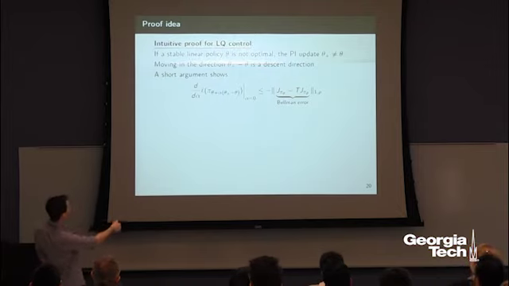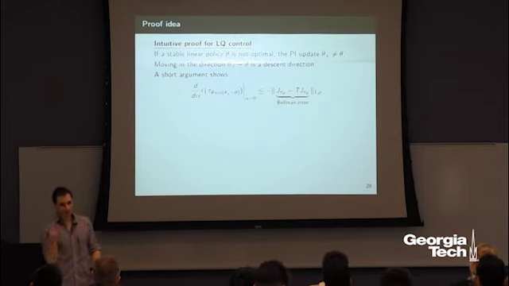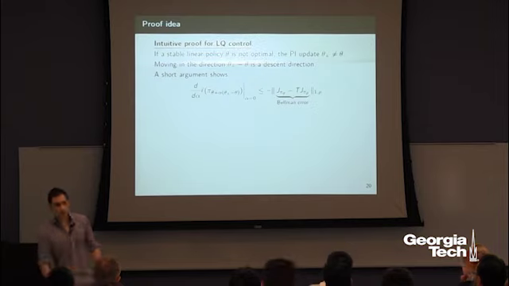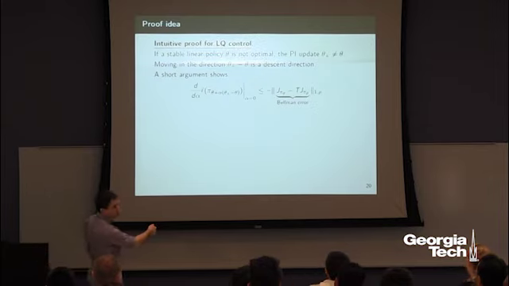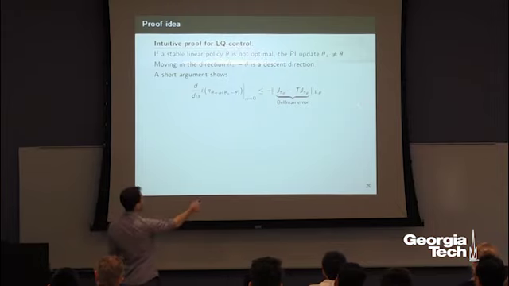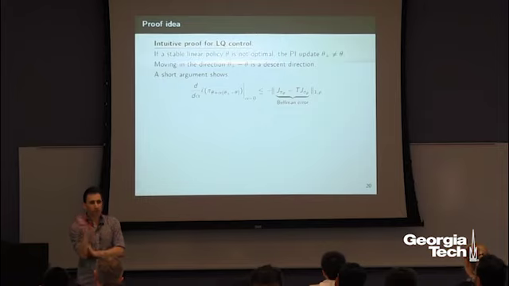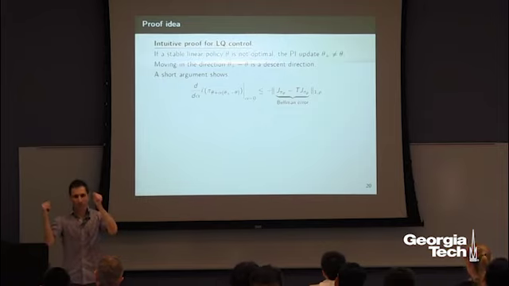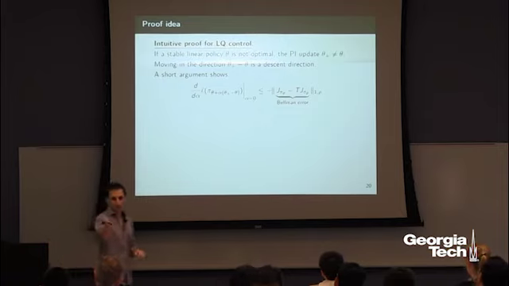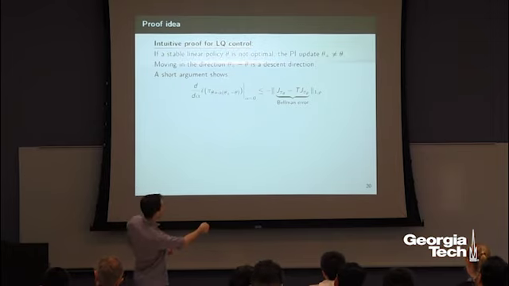And once you get this idea, a short, one-paragraph dynamic programming argument shows you that you do reduce cost by moving in the direction of the policy iteration update. And the extent to which you reduce it depends on the gap in Bellman's equation, sort of how far the policy is from optimality as measured by that gap. And to your question before, the rho kind of shows up in measuring this norm.